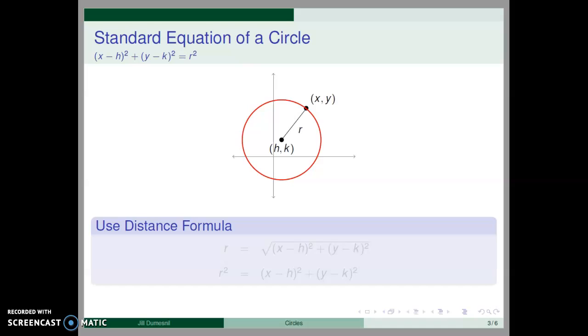From the definition of a circle, we know that the distance from the point (x, y) to the point (h, k) is r. So the distance formula gets us that r equals the square root of the quantity (x minus h) squared plus (y minus k) squared. Squaring both sides of this equation yields the standard formula for an equation of the circle.